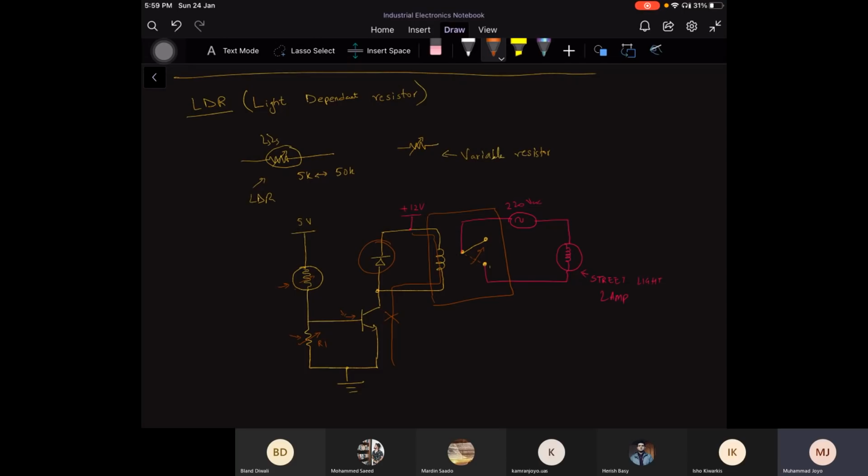Do not forget to connect it in a reverse way, otherwise there will be a problem. If you attach it in a forward bias way, then within one switching, your transistor will be burnt. So make sure that you connect the diode in the correct way.